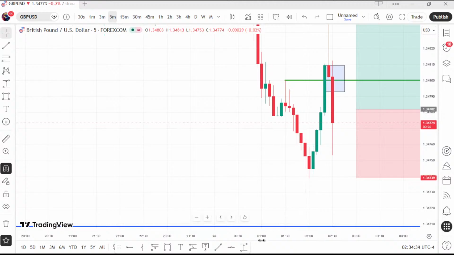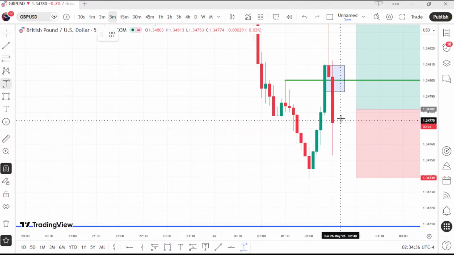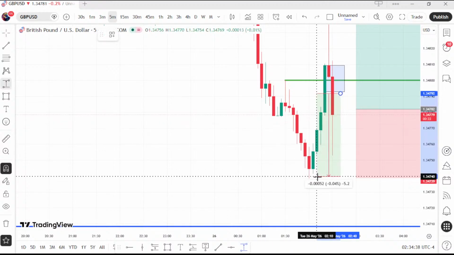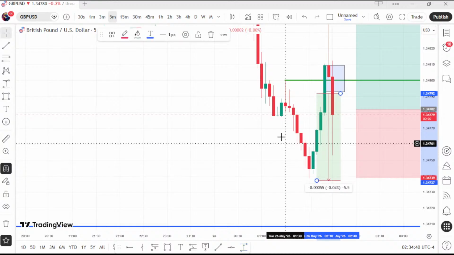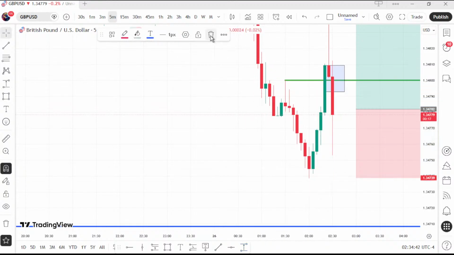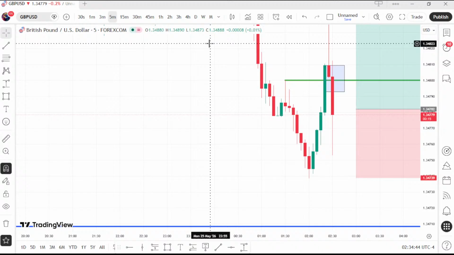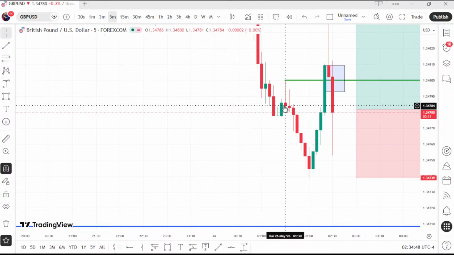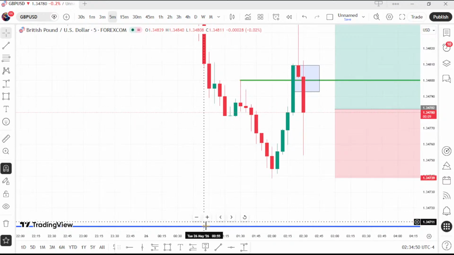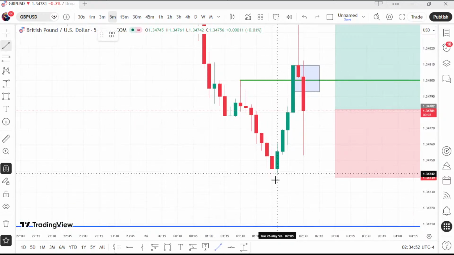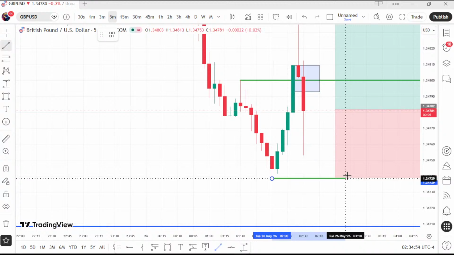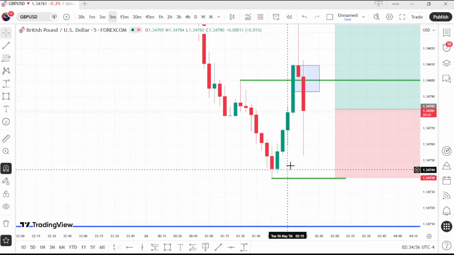See, it's less than 5 pips for my entry here. Let's see it taking out our stop loss. Let's put a swing low here, that green line.